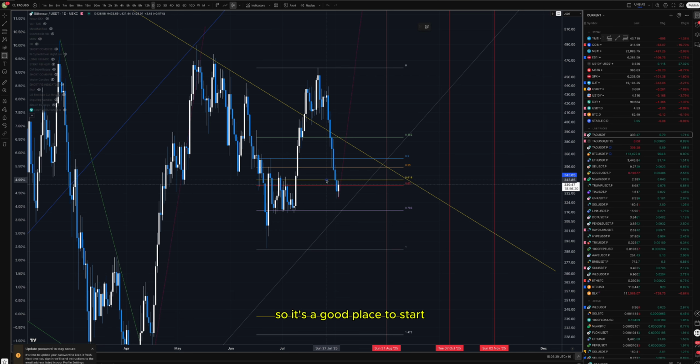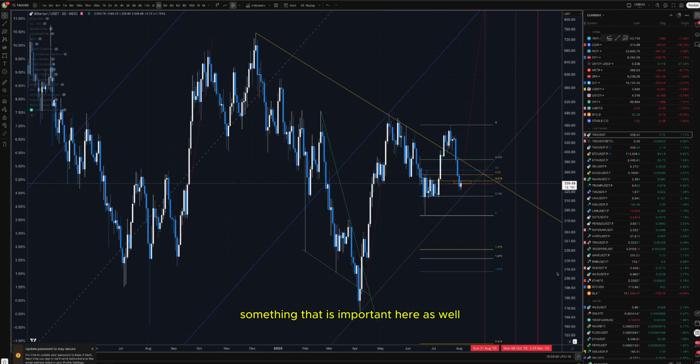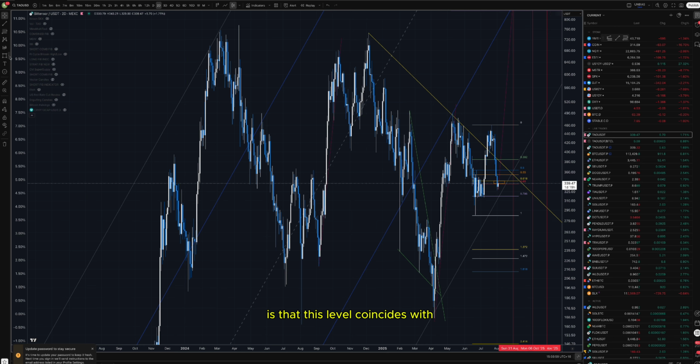So it's a good place to start adding into the position with a decent amount of edge, because we know that there's likely to be a bounce on Tether dominance, and we're hovering around a critical area for BitTensor. Something that is important here as well is that this level coincides with significant resistance flipped as potential support. Obviously we've dipped under a little bit.